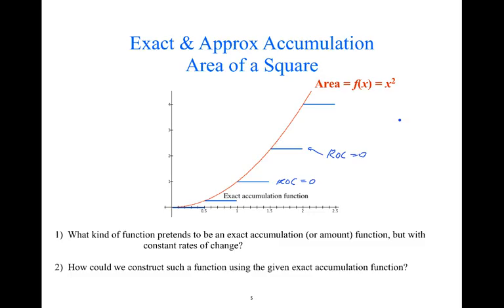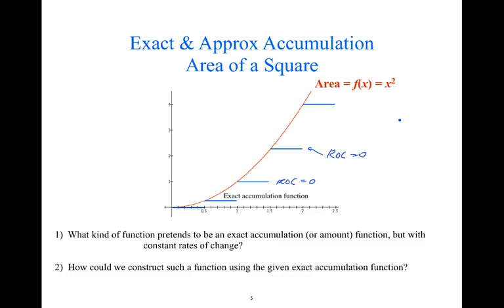And like many of you shook your head when you saw this, you said, no, this is not the way to try to approximate that with constant rates. This is approximating them with constant areas, so the rate of change is just 0 everywhere. Okay, good. So why do I bring that up?